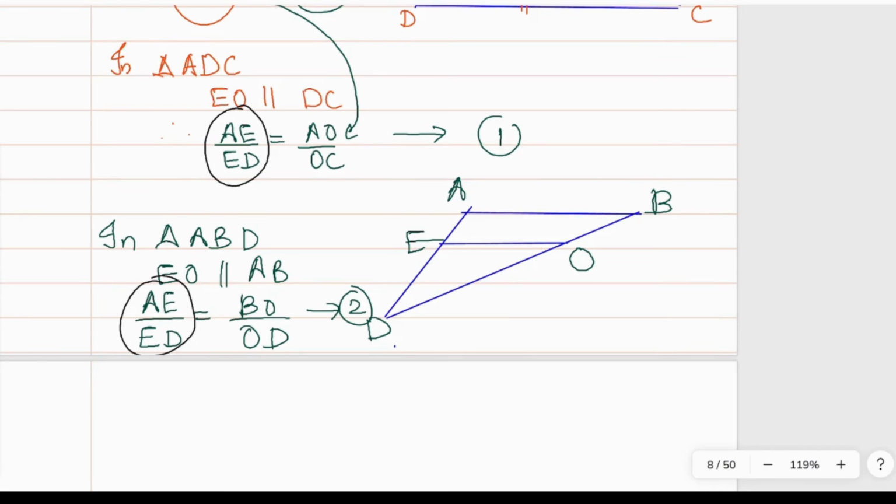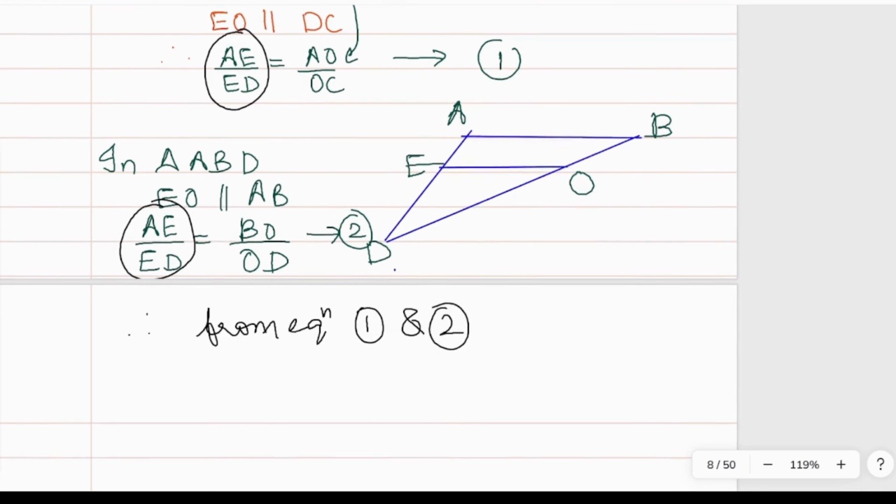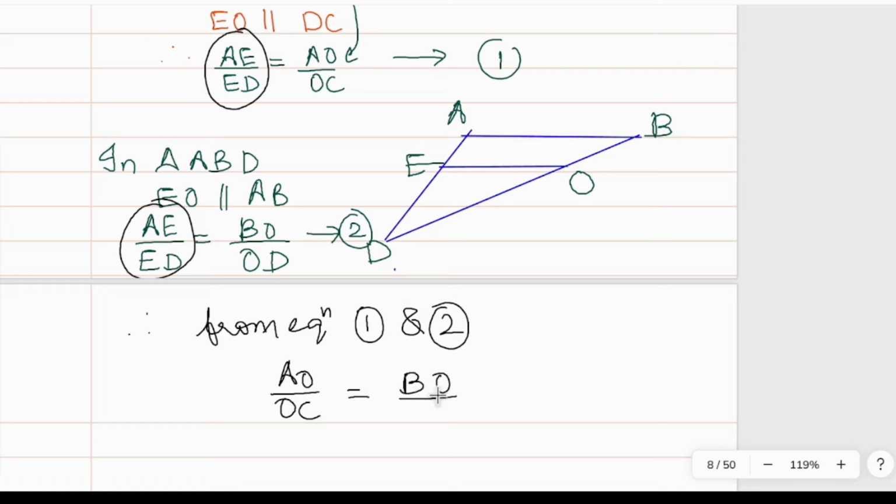Therefore, from equation 1 and 2, since LHS are equal, the RHS will become equal. That is AO by OC will become equal to BO by OD. Clear? This is what we are getting.